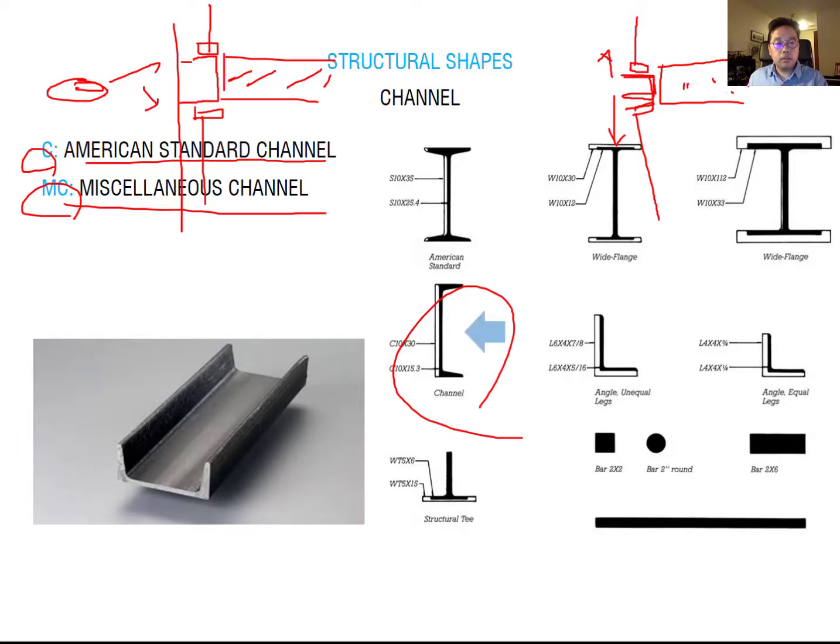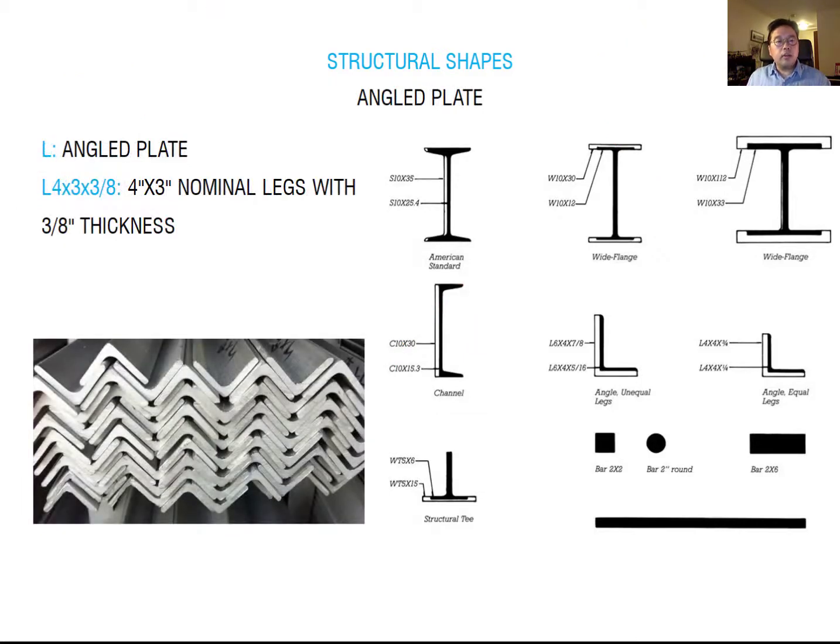Next one. You can also consider the angle plate. This is angled plate. This starts from the L. Okay, the L 4 by 3 by 3/8, where 4 by 3 is the nominal number, which is the size here and here, and then 3/8 is called the thickness. So you can also find the dimension from the steel manual book.